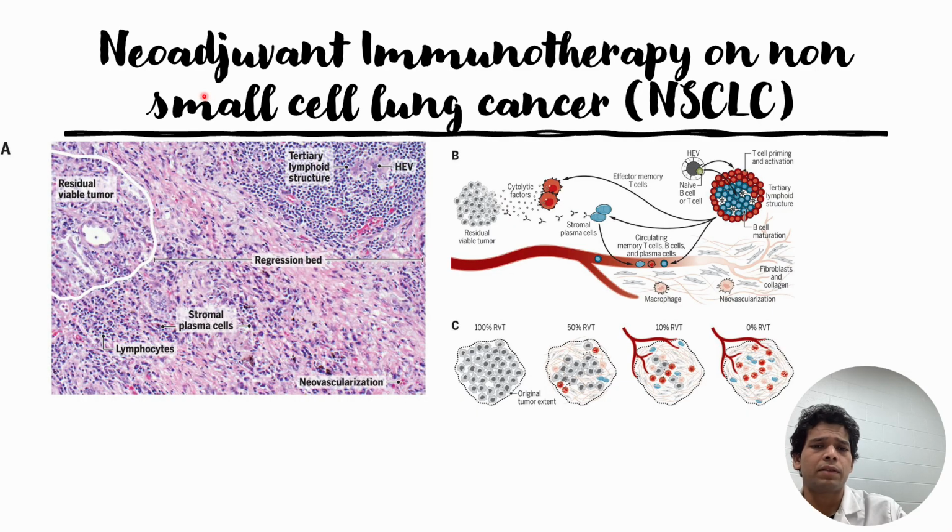What happens in neoadjuvant immunotherapy is that these HEV-like vessels are transported to the tumors so that they can traffic more T cells and B cells to the site of the tumors.